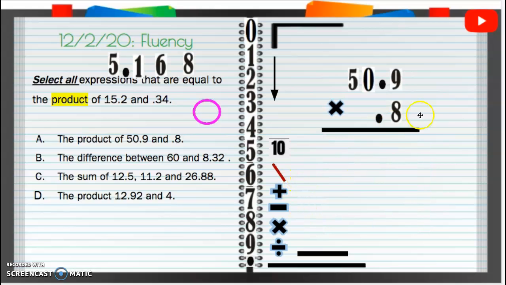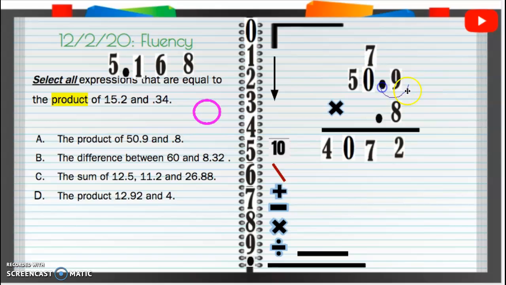Perfect. Okay, so 8 times 9 or 9 times 8 is 72. I'm going to carry that 7, drop that 2. 8 times 0 is 0, plus 7 is 7. 8 times 5 is 40. Is 40 our answer? No. Remember, also, we have to put our decimal in.